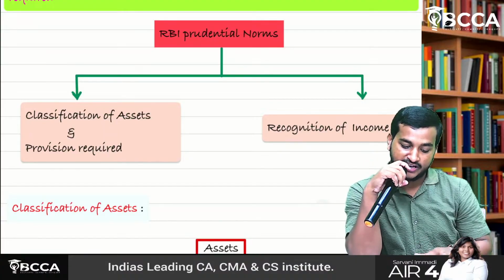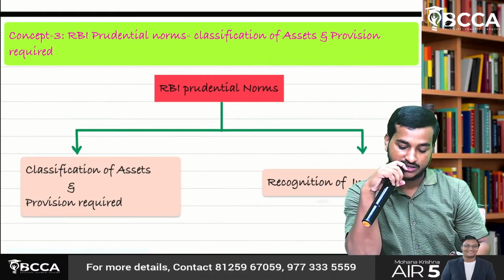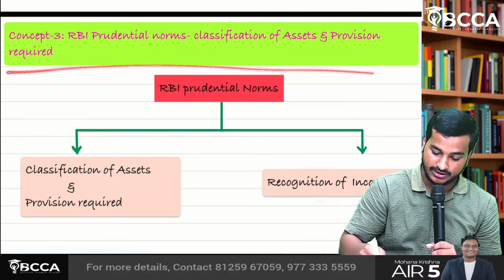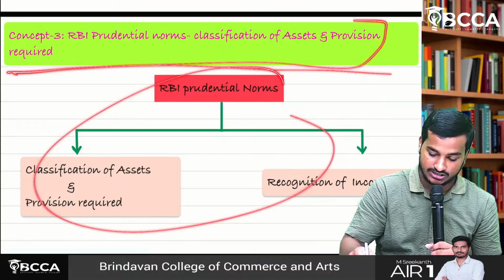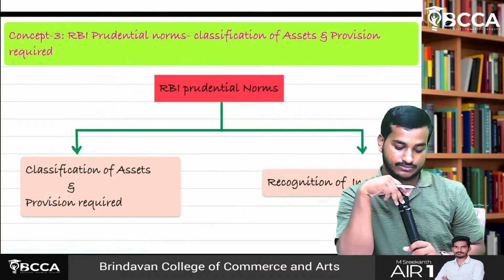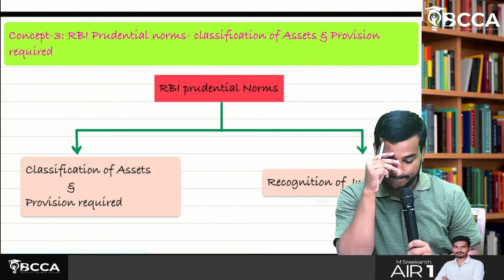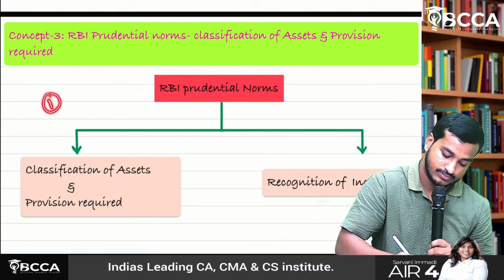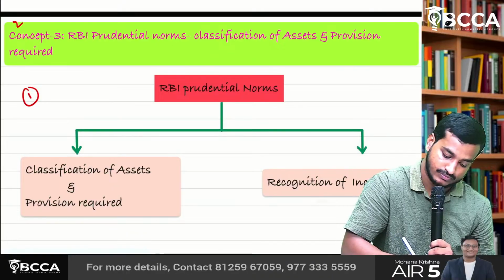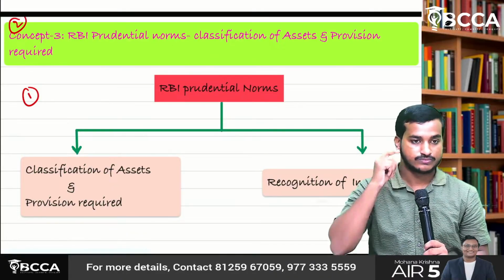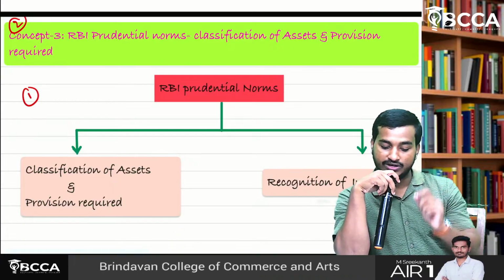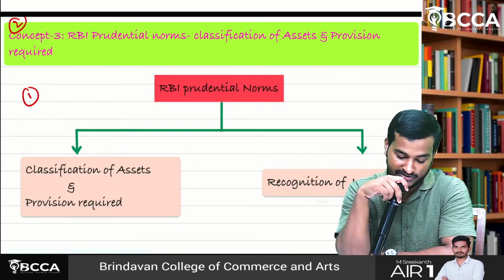Then give a heading, concept number 3. After writing this chart, give a heading, concept number 3. RBI prudential norms hyphen classification of assets and provisions required.